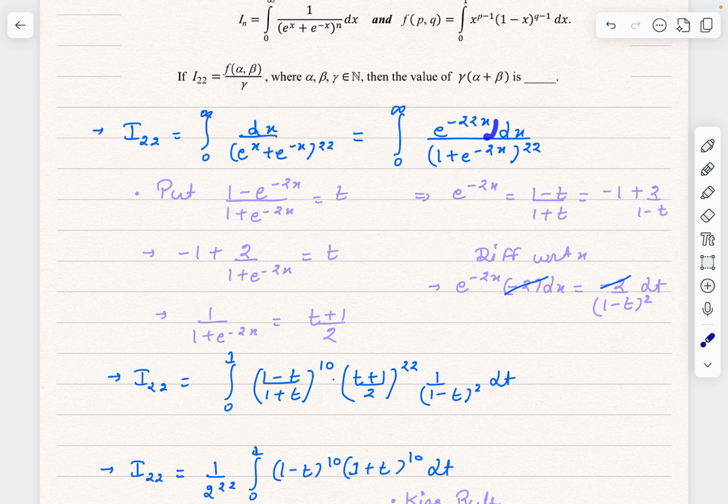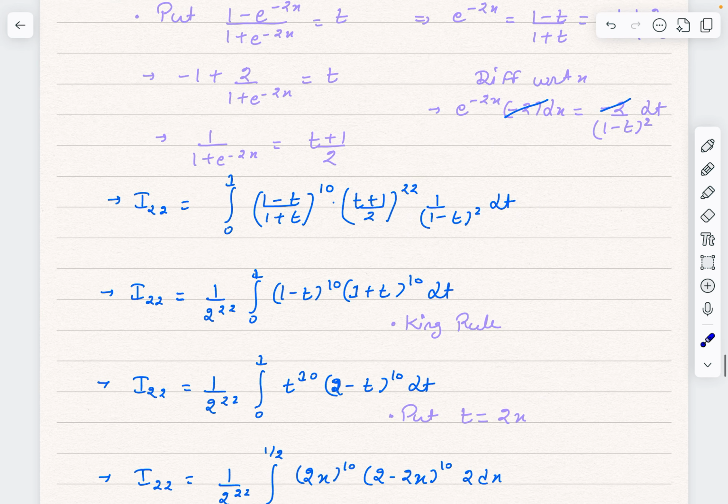Next, this 1/(1 + e^(-2x)), we can write as (t + 1)/2, so it will become ((t + 1)/2)^22. And that e^(-2x) dx will become dt/(1 + t)^2. So when you simplify, you finally get this thing only.